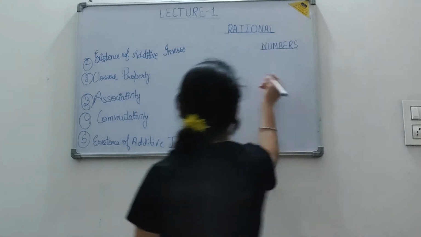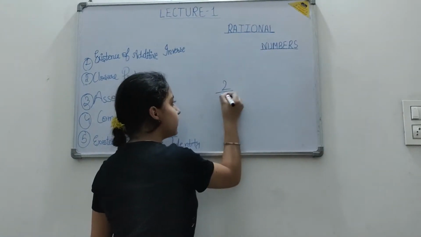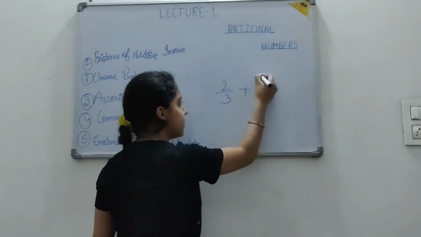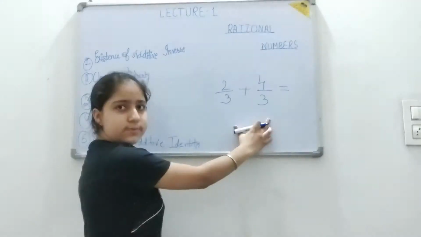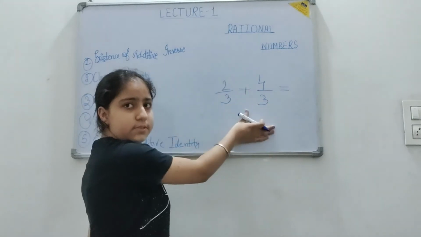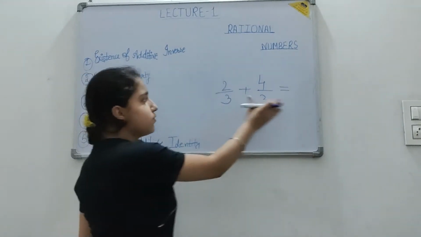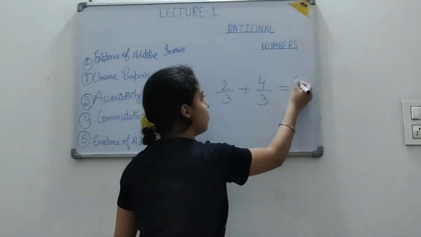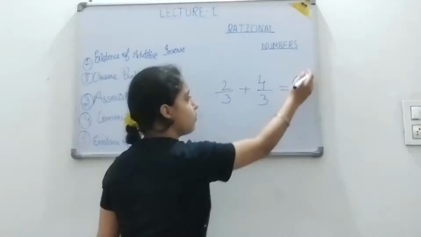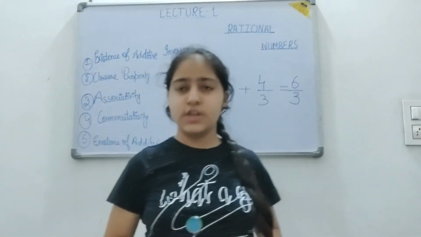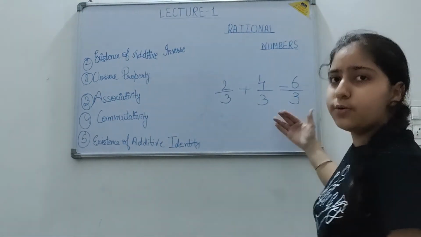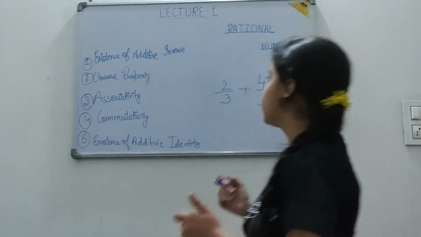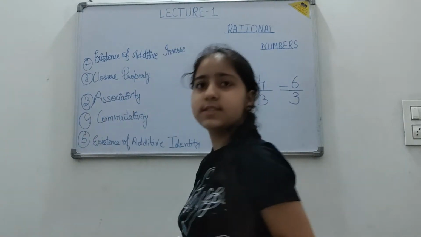Like if I add 2 over 3 plus 4 over 3, two rational numbers in p over q form, it will give 6 over 3, which is also a rational number. So the sum of two rational numbers is going to be a rational number. So closure property means this.